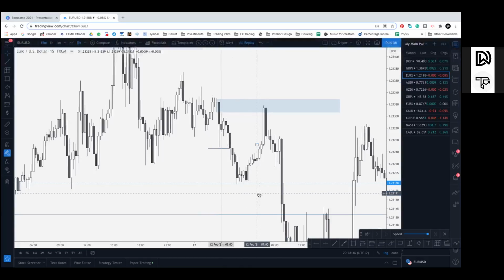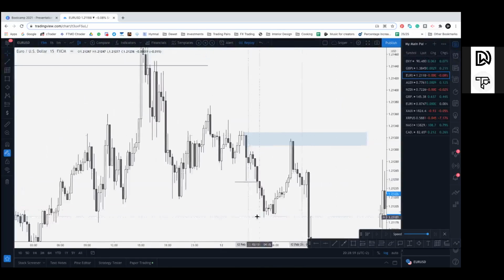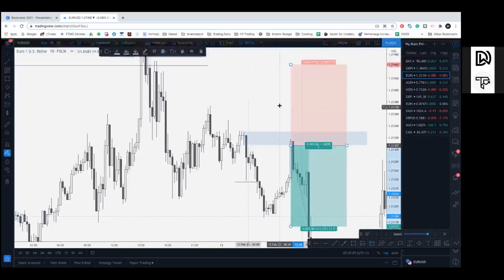And then at Frankfurt Open, well, this was actually confusing because it happened before Frankfurt Open. That's why I didn't take it or look at it. But at Frankfurt Open at 9, I wanted to see a pullback into this order block, this one or that one. But it pulled back all the way into this one. So it could have been something like this.